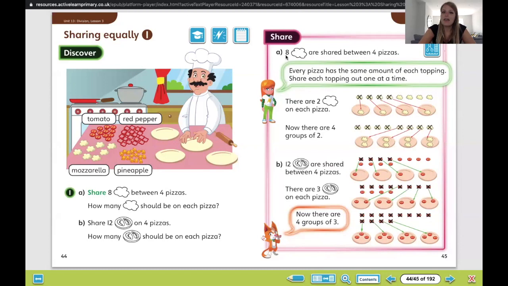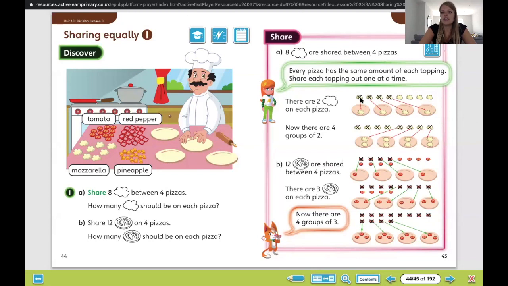1a. There are 8 mozzarella pieces and they are shared between 4 pizzas. And this little girl here says every pizza has the same amount of each topping. Share each topping out one at a time. 1 for you, 1 for you, 1 for you, 1 for you.